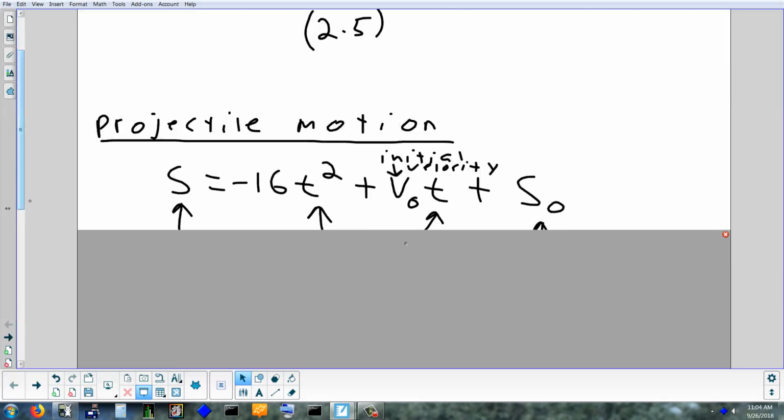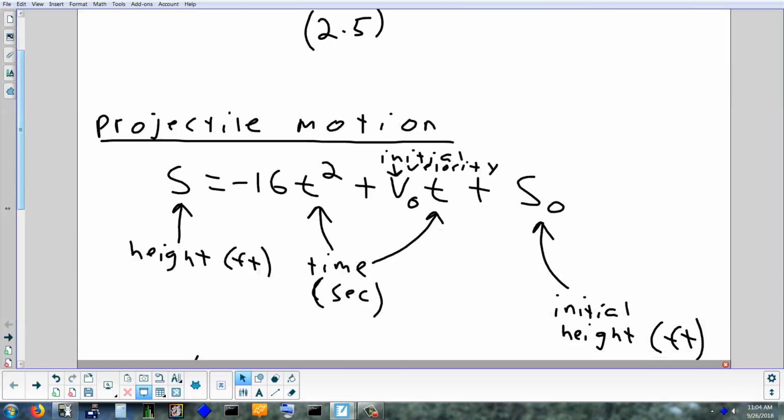All right, so let's start out by looking at something we've done before, the projectile motion equation. I put it up there again and relabeled everything, but you should already have it in your notes from earlier in chapter 2.